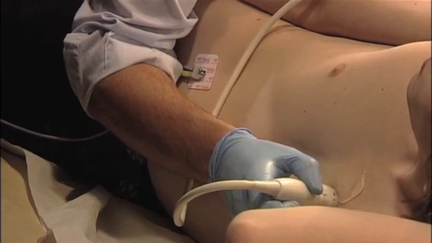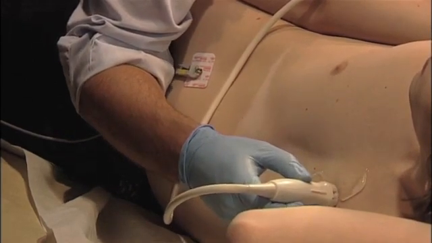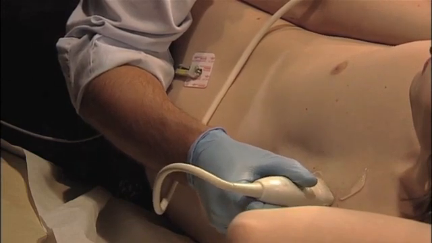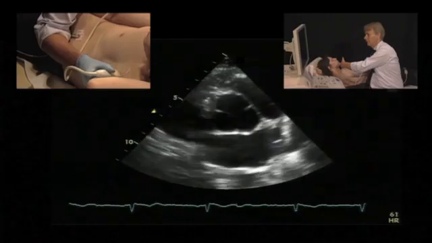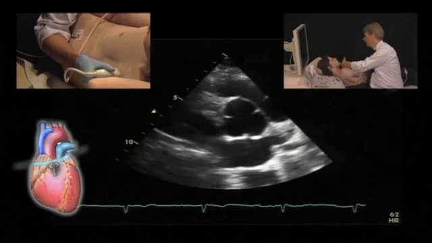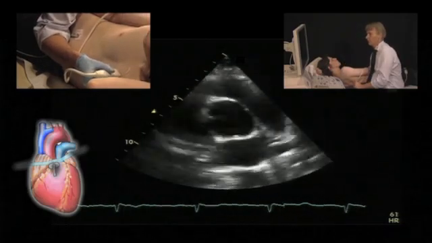Now we have to rotate the transducer clockwise until we are perpendicular to the original plane. Now the marker, which is where my finger is pointing, points towards the left shoulder, or armpit actually.